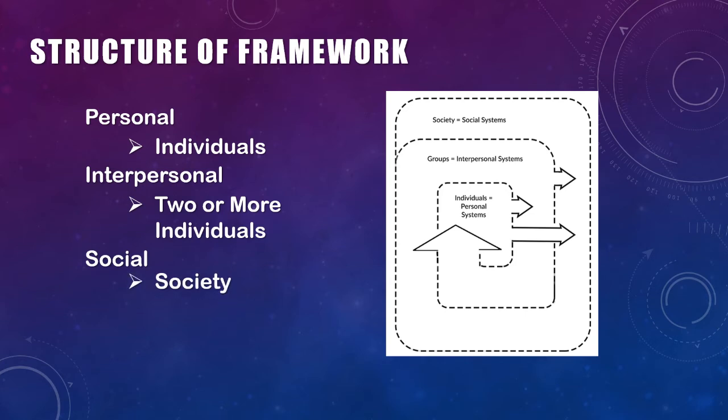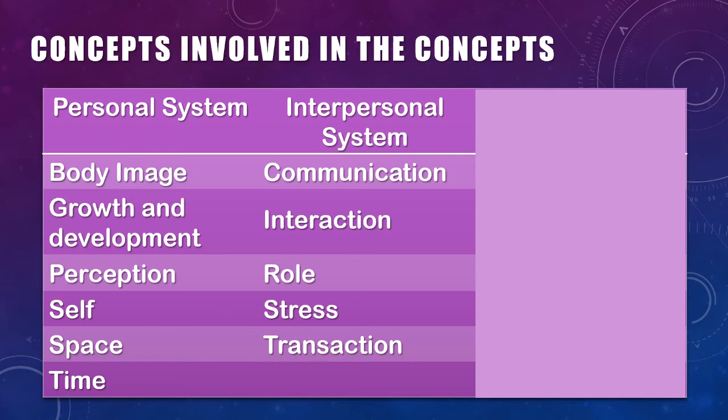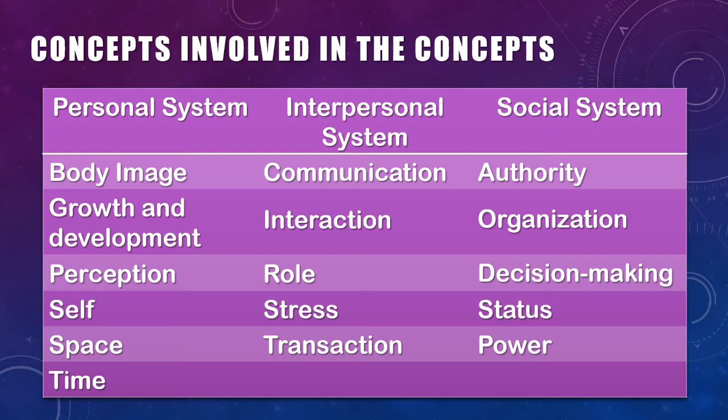Personal systems identify the concepts of body image, growth and development, perception, self, space, and time. Interpersonal systems involve the concepts of communication, interaction, role, stress, and transaction. Social system is associated with concepts comprising authority, organization, decision-making, status, and power.